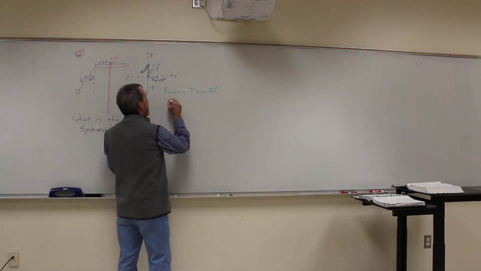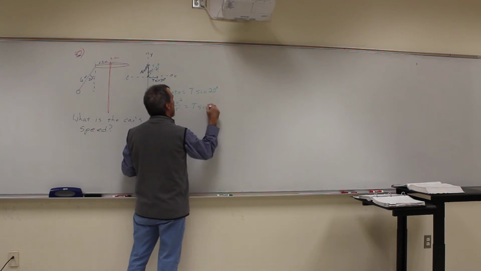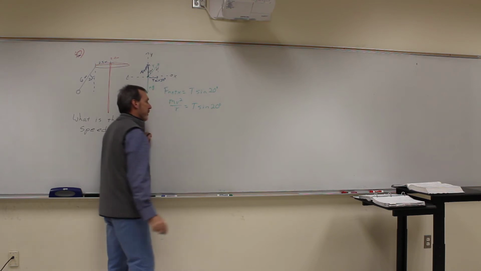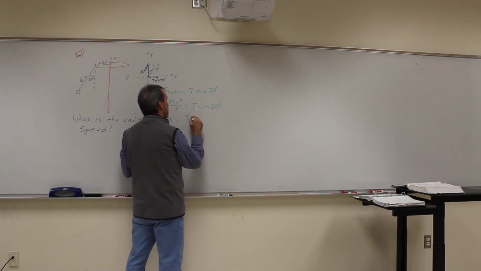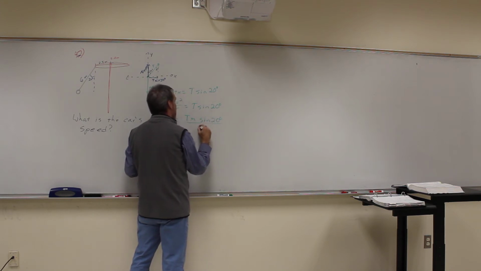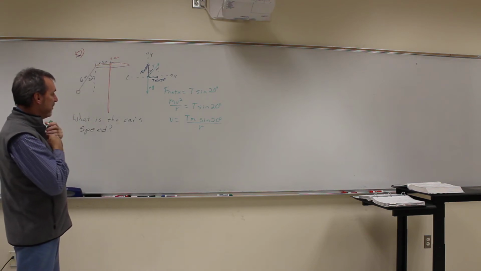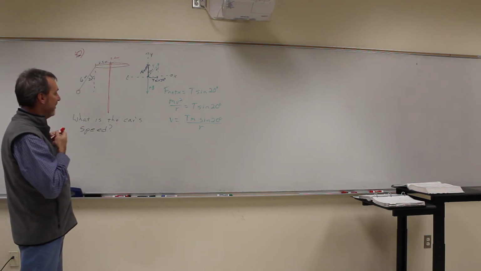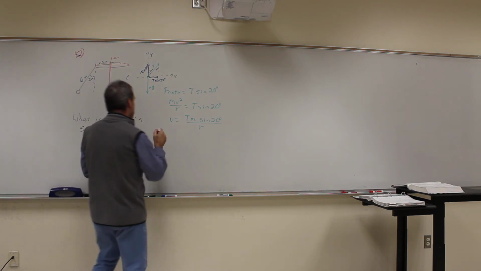So mv squared over r is equal to T sine of 20 degrees. We want to solve this for v, so v is equal to T times r sine of 20 degrees over m. You're like, well, we don't know the mass, we don't know the tension. Don't worry, keep going.